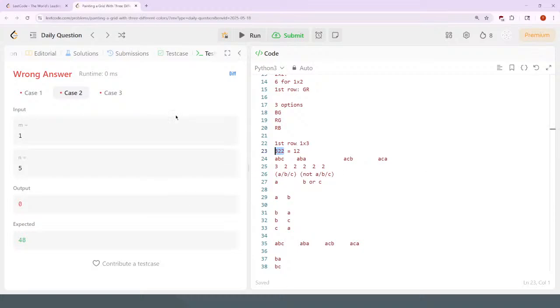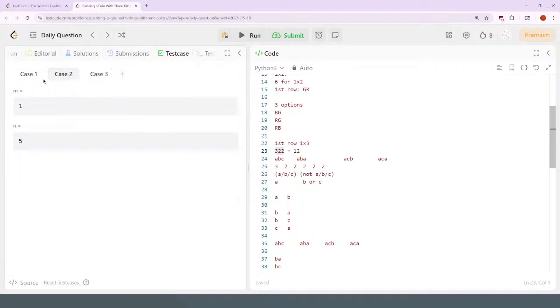All right, let's do a little bit of reverse engineering here. So let's say 2 by 2, 2 by 3, 2 by 4, and 2 by 5.